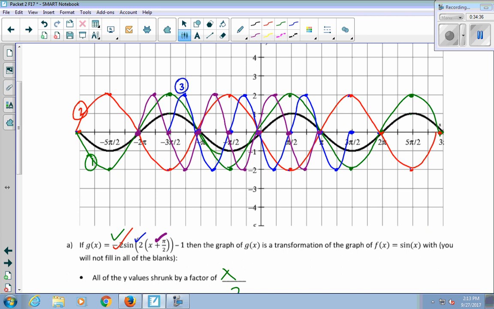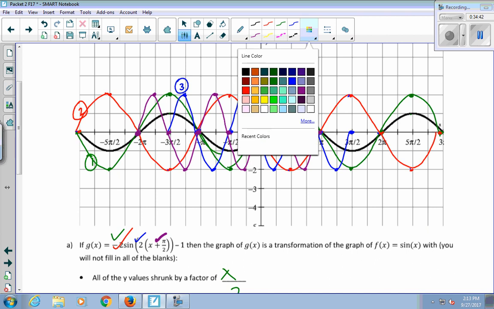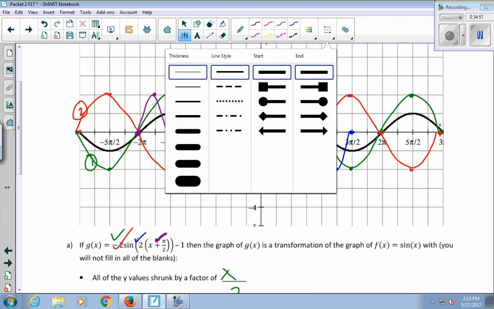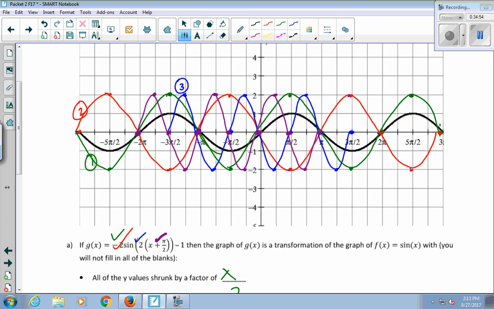All right, and then my -1 takes all my purple dots and moves them down 1. Good color for the final picture here. Okay, everything moves down 1.